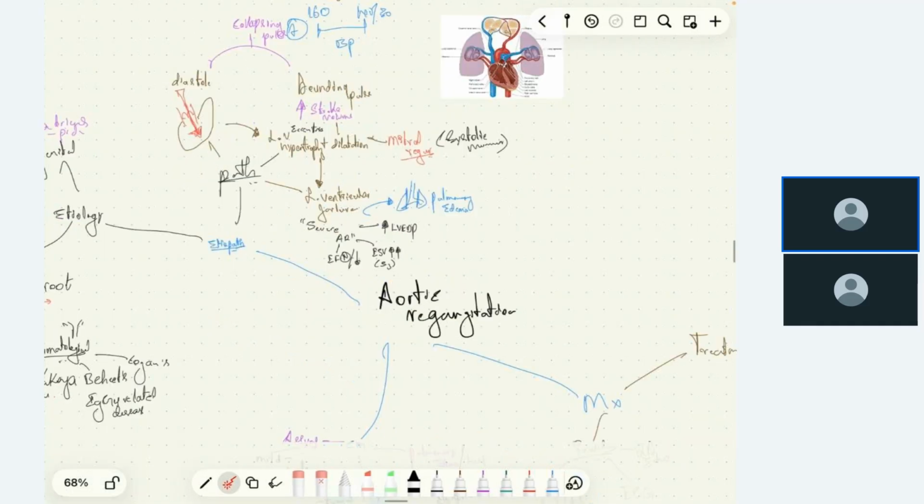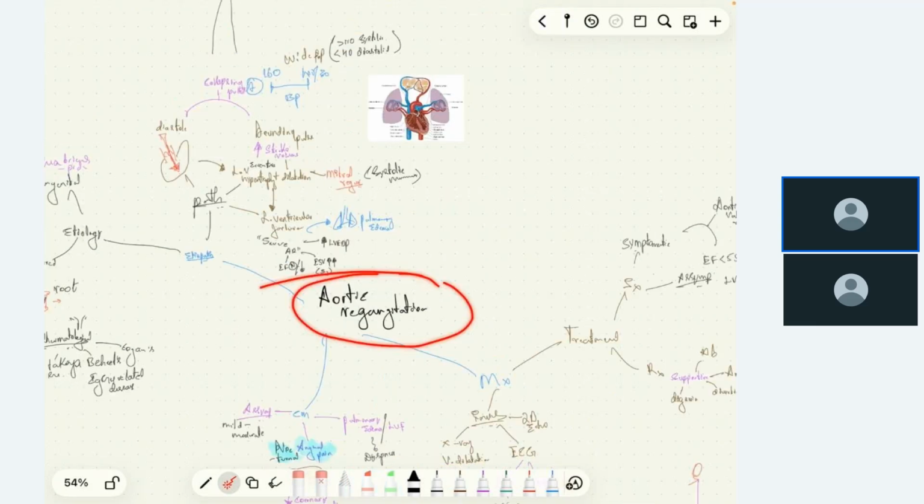Following left ventricular failure, due to back pressure in severe AR, due to increased left ventricular end diastolic pressure, we may see pulmonary edema. This is the story of aortic regurgitation, where first we see diastolic dysfunction leading on to regurgitation of blood, which leads on to eccentric left ventricular hypertrophy and dilation, and may eventually lead on to left ventricular failure.